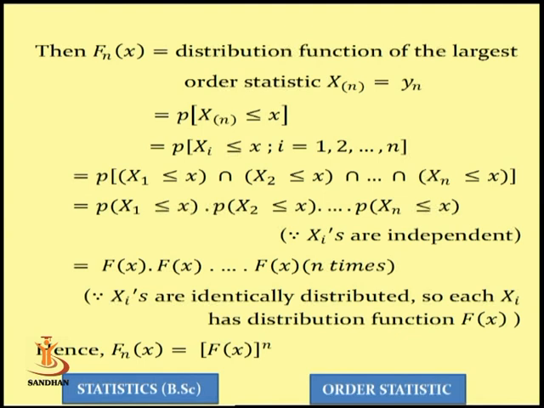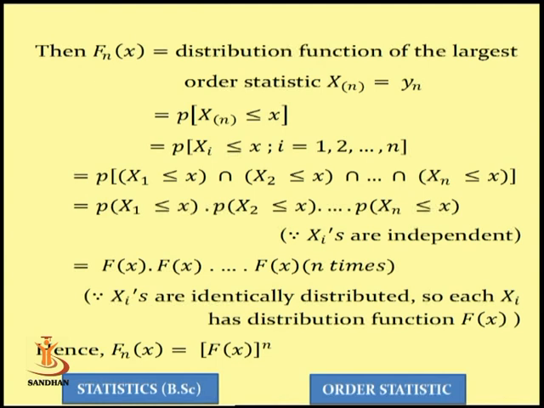Now as our Xi's are the random observations, we say that they are IID, identically independently distributed. Because they are all independent, the probability of their intersection will be the product of the individual probabilities, our basic fundamental probability law, the multiplication theorem. So we have the product of n probabilities of the form probability X1 less or equal to x, and so on, probability Xn less or equal to x.